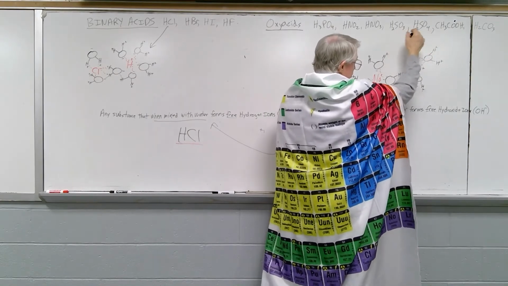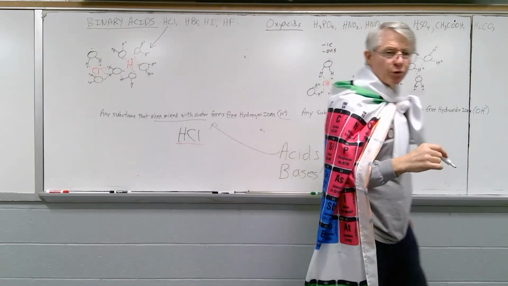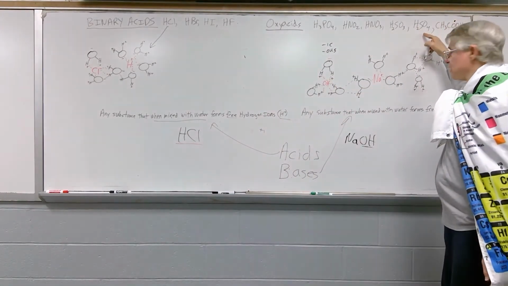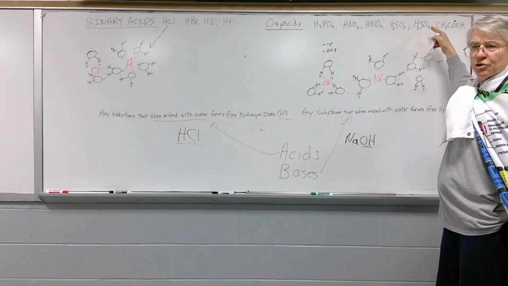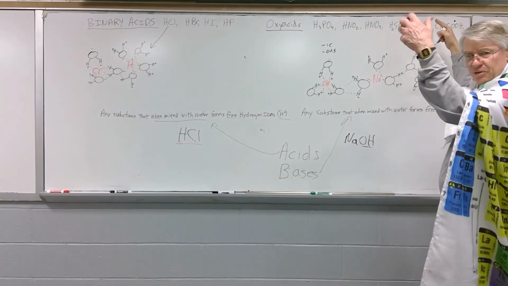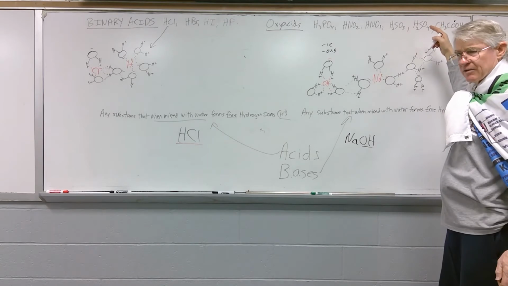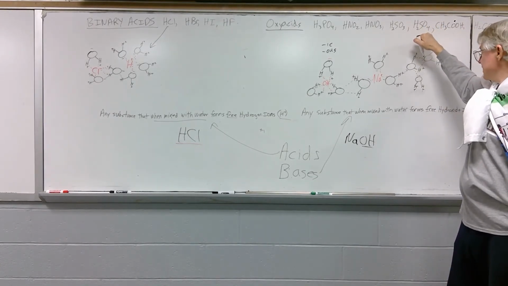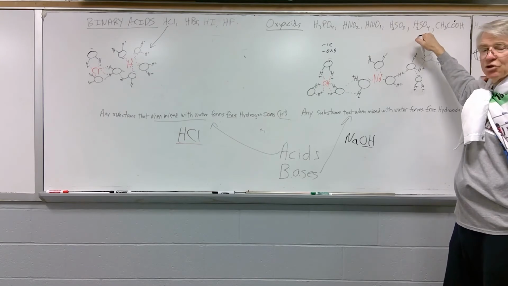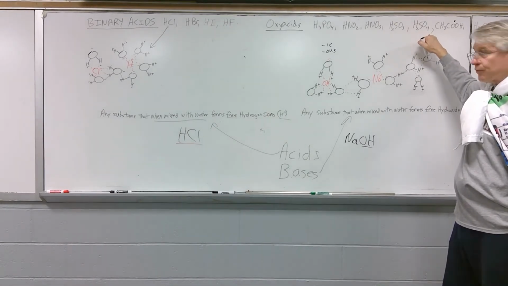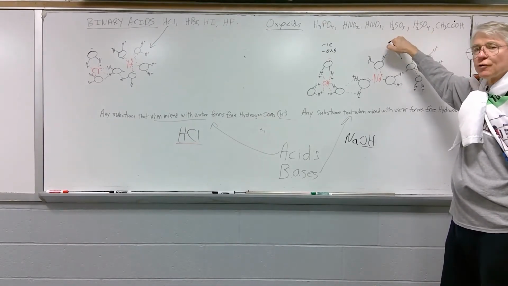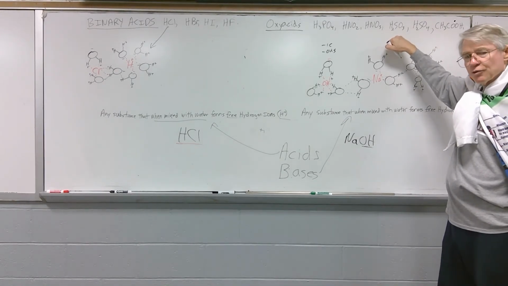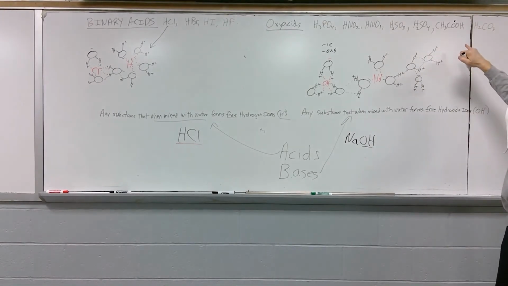H2SO3 and H2SO4. You saw me use this one in the lab when we bonded it with sugar and we got the black carbon thing growing out of the beaker. The higher number of oxygens gets the -ic, and I said the name of that one: sulfuric acid. This one is sulfurous acid.